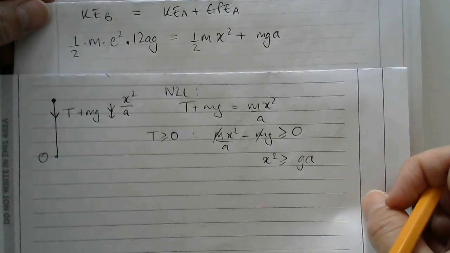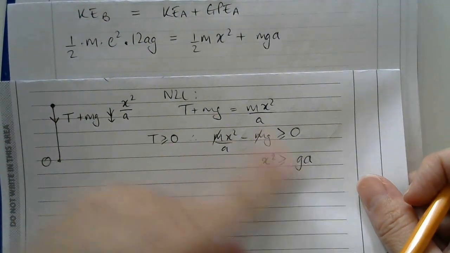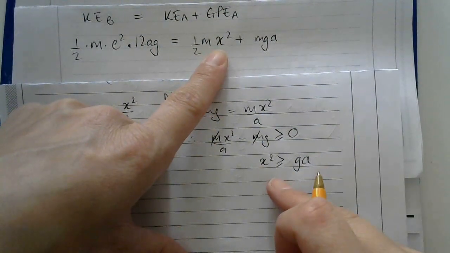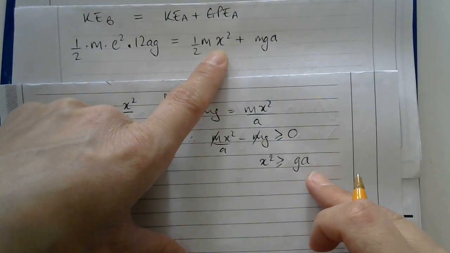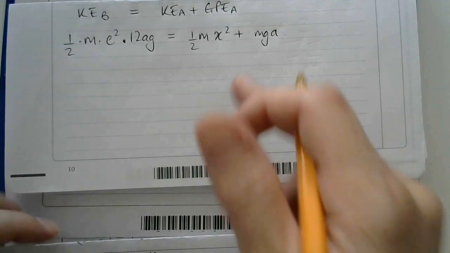Now, I know that x squared must be bigger than or equal to ga, so if I can rearrange this to give me x squared, then I can say that that expression is bigger than or equal to ga, and essentially eliminate x from here.